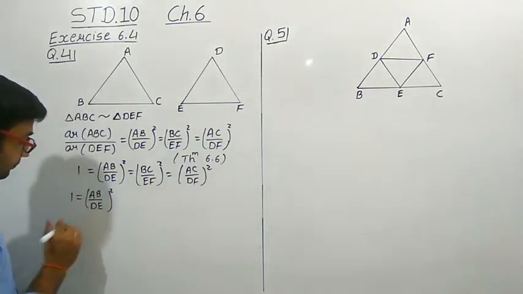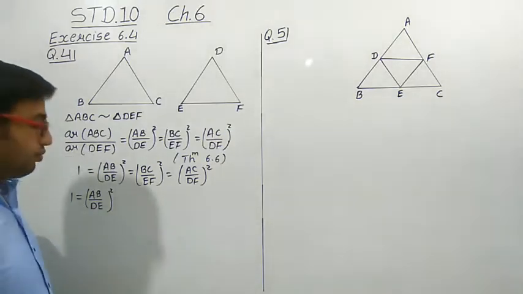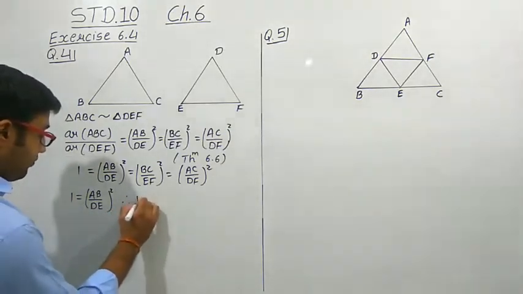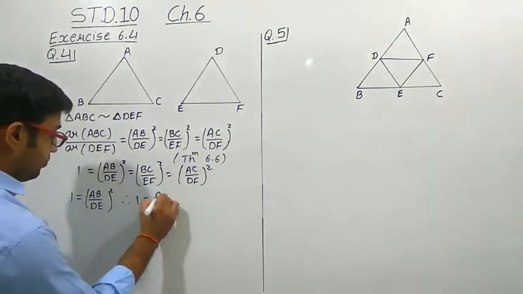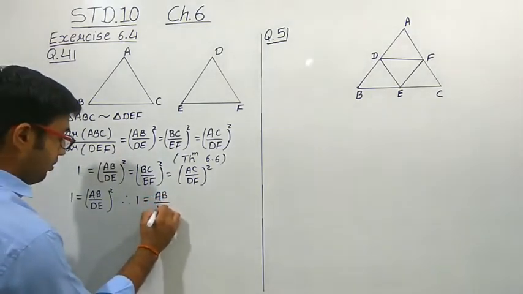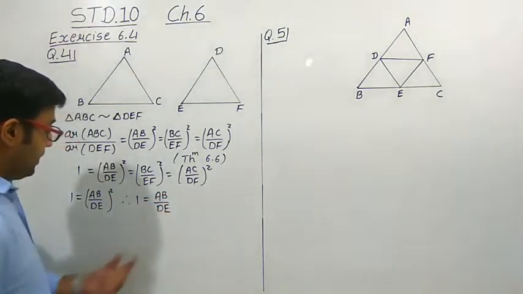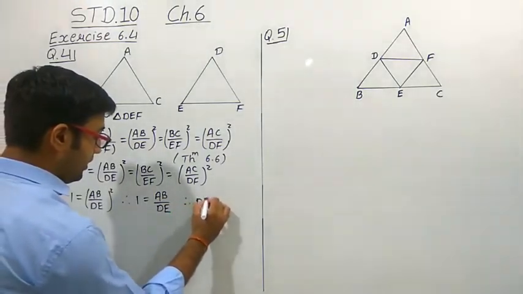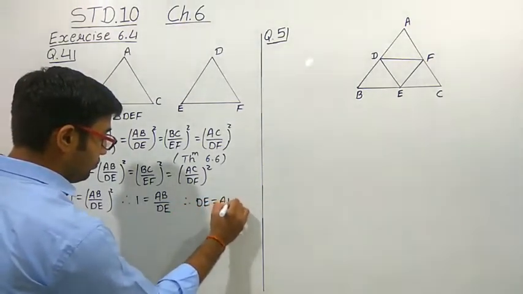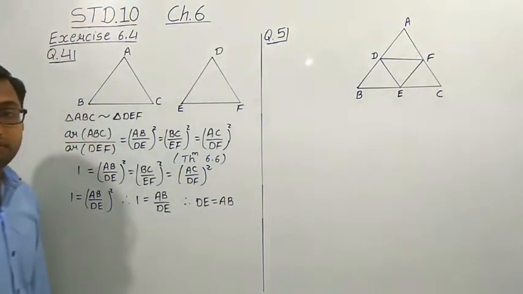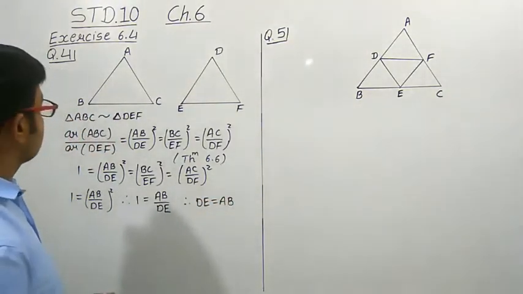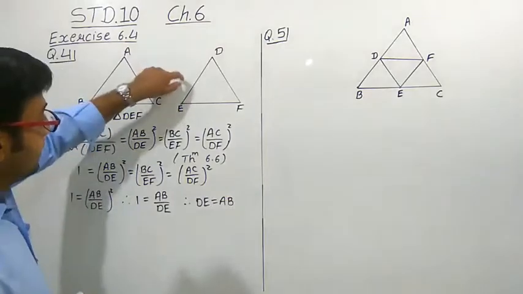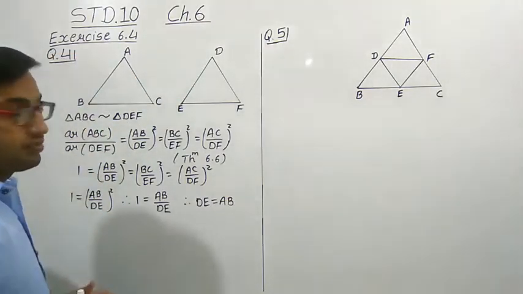Now see, when we take the square root on both sides, we get 1 is equal to AB upon DE. And when we take DE to the left hand side, we get DE is equal to AB. So in these two triangles, one of the sides, DE, is now equal to AB.